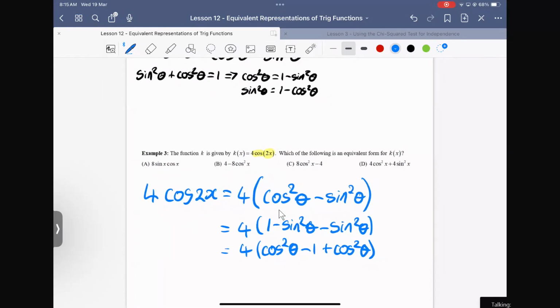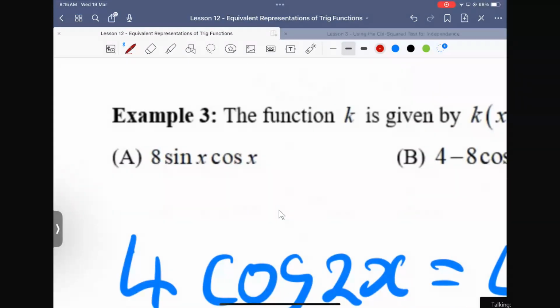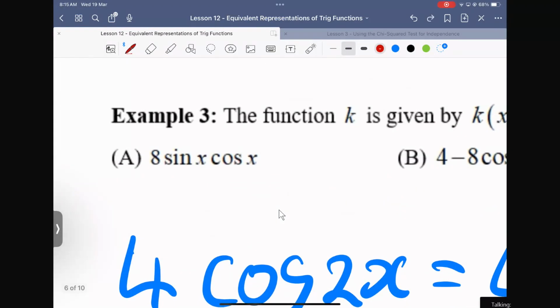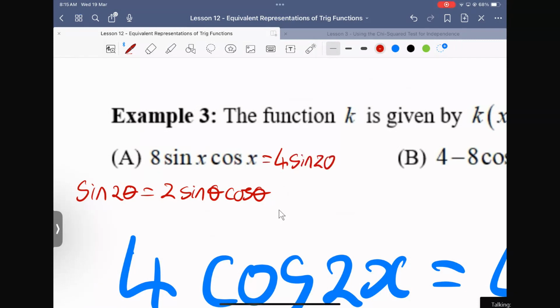Now, this one here is wrong. This one is the double angle identity for sine. Let me just show you what they're thinking here. This is sine 2 theta equals 2 sine theta cos theta. So this one is equal to 4 sine 2 theta.